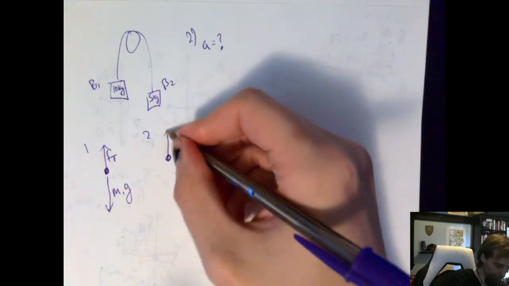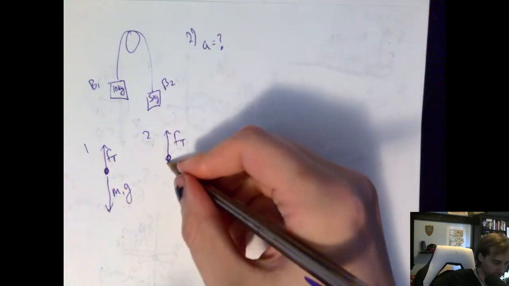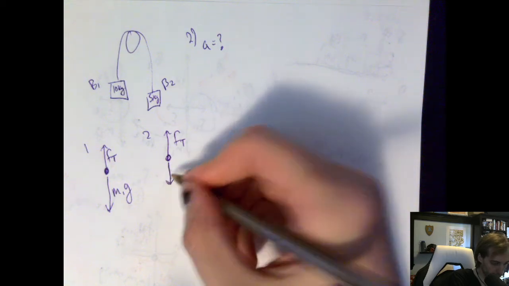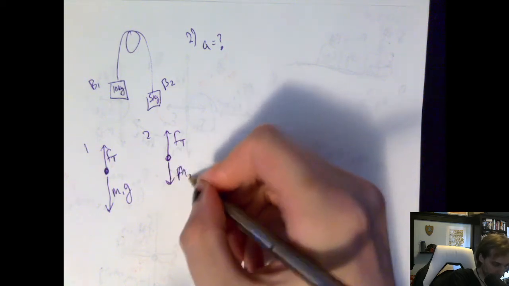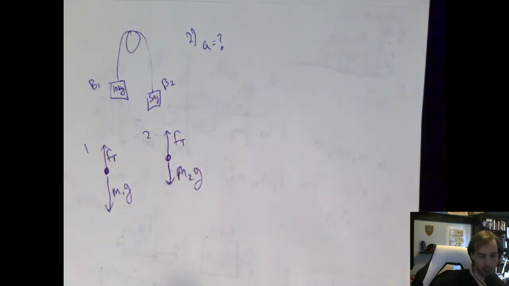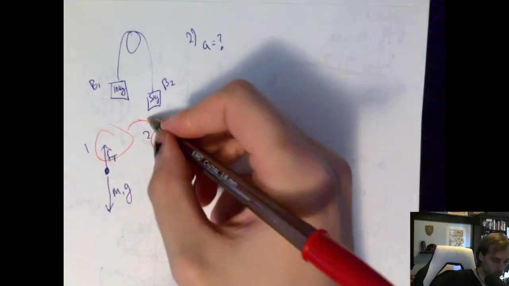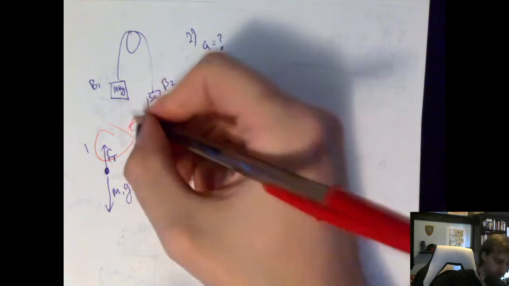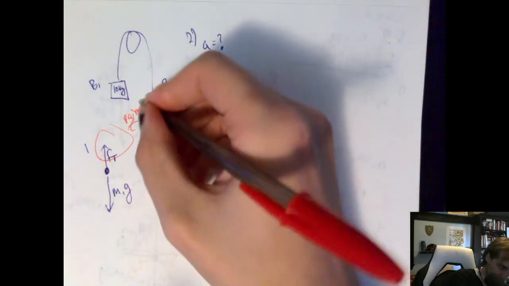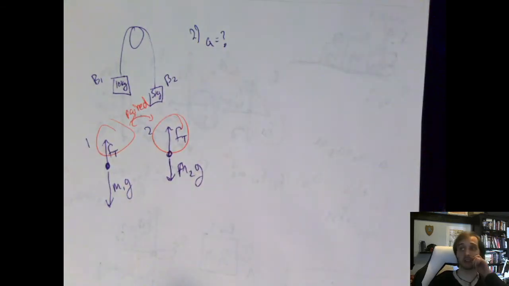And we've got block 2, which is getting pulled up by the force of tension, and getting pulled down by a smaller M2G. Now, because these are both ends of a rope, and ropes are going to have a Newton's third law pair, these are paired and need to always be the exact same as each other.